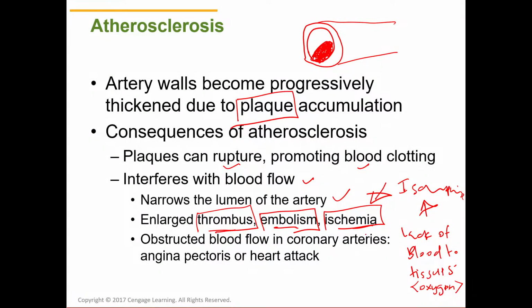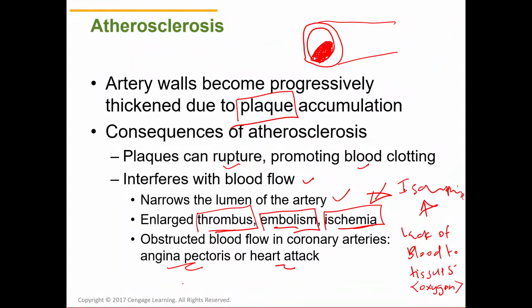So ischemia is also just the natural death of cells when they are deprived of oxygen. So ischemia is lack of blood supply or oxygen supply to a given tissue. So this is how bad atherosclerosis is. And the other thing, obstructed blood flow to coronary arteries can cause angina pectoris or heart attack.